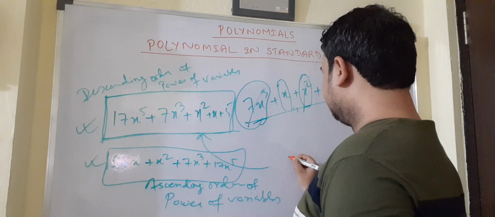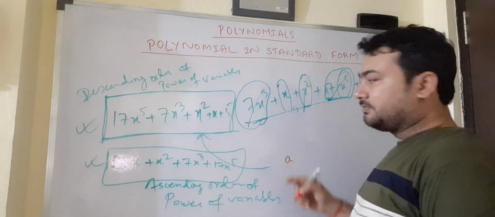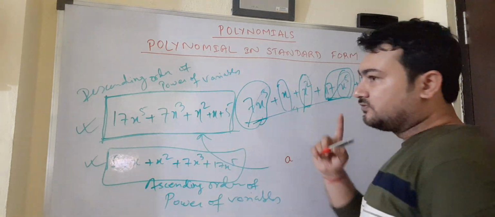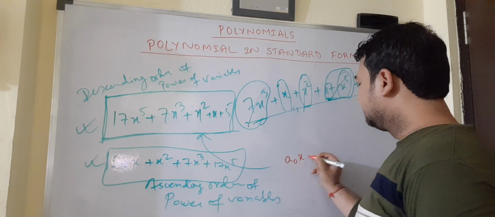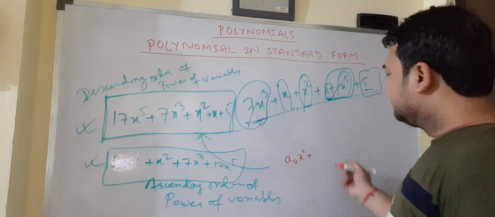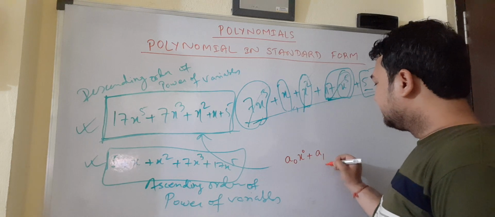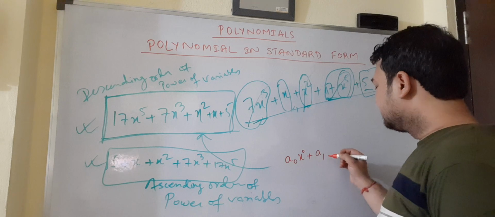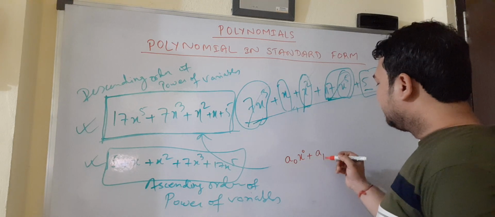In ascending we have first one constant, and the variable has power 0 and it is not represented because variable to the power 0 becomes 1. If I were to show it here, x to the power 0, next time the coefficient can be any other coefficient. It can be the same but it can be different.